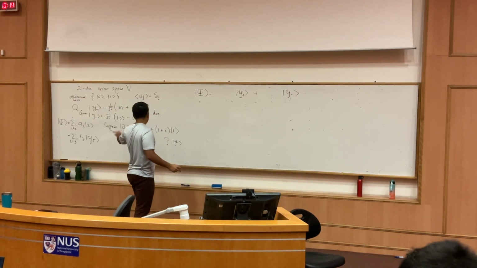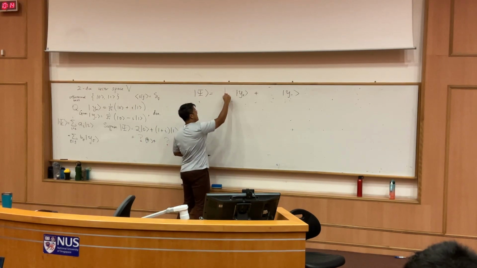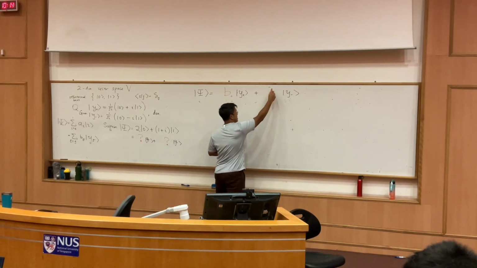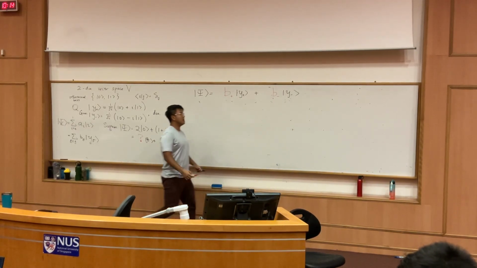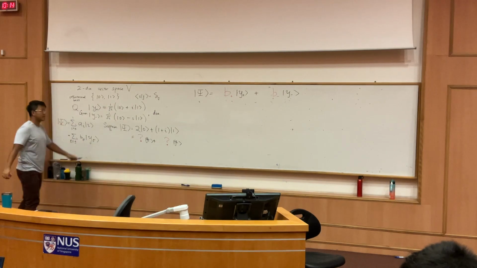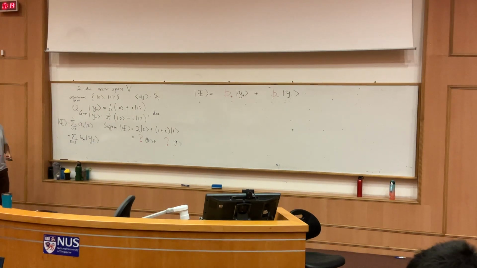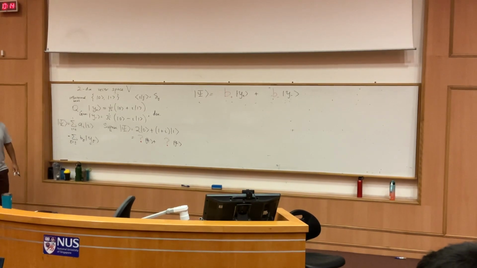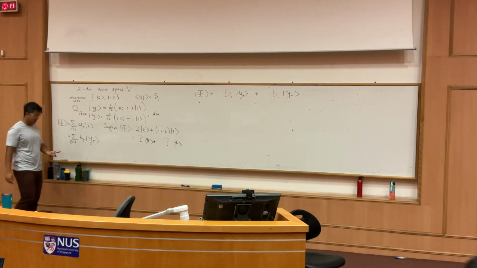Let's put the unknown coefficients as b plus and b minus, as the notation suggests. And my job is to figure out the b plus and b minus, right? But I want to isolate the b plus. How do I do that?